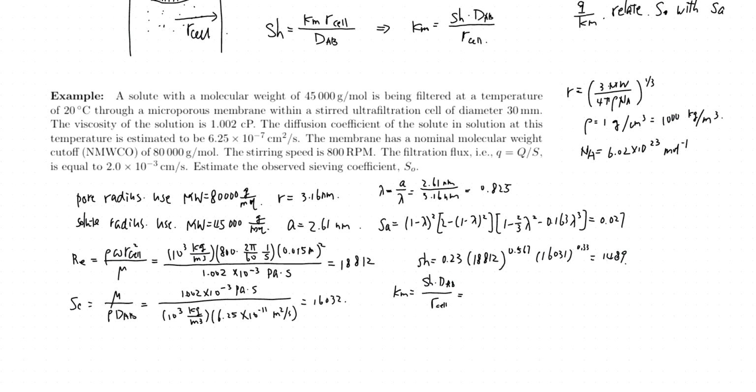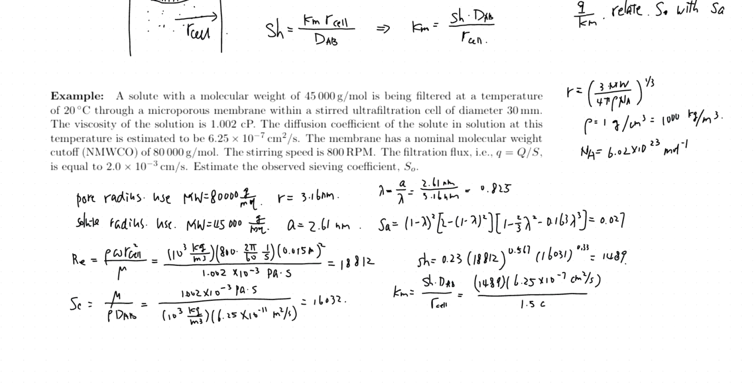It is 1489 multiplied by the diffusion coefficient, and then divided by the radius of the cell.